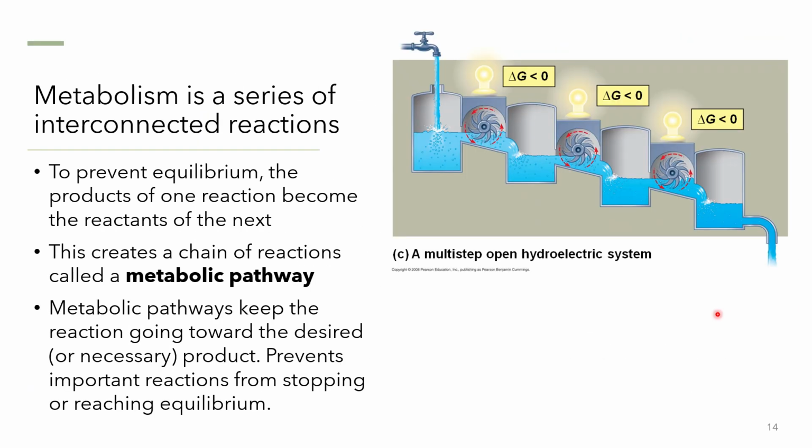Our metabolism is not just point A to point B. If we need to go from A to Z, we don't have a reaction that says A to Z. We have A to B. Then we'll have a reaction where B becomes C. Then C becomes D. And we'll break that whole reaction down into smaller pieces. So it'll look more like a multi-step little dam structure here that we're talking about.